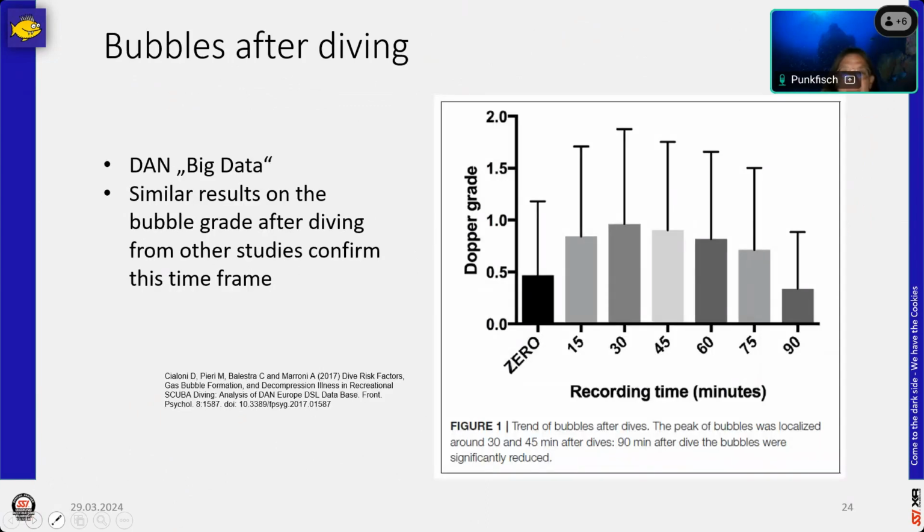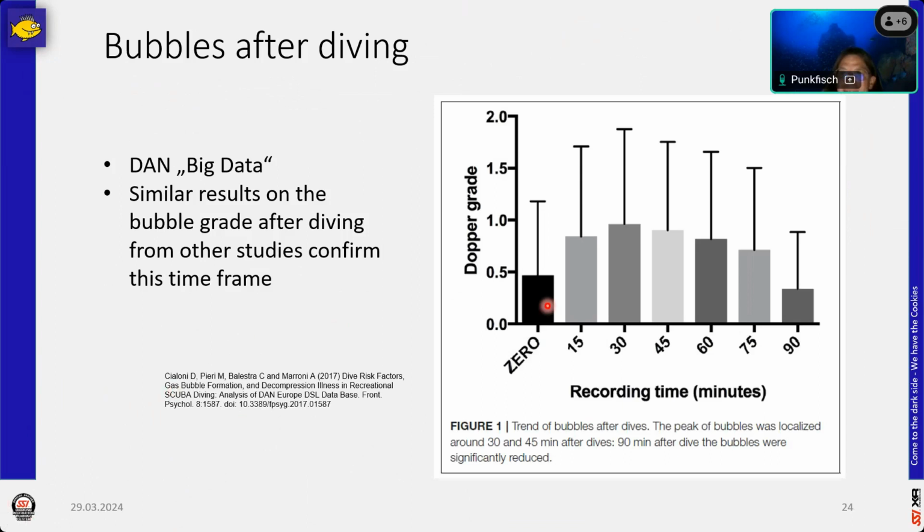So when we have a look at a big number of dives where after the dive there were actually bubble grades taken on persons, that was meant to find out how bubbles develop after the dive.